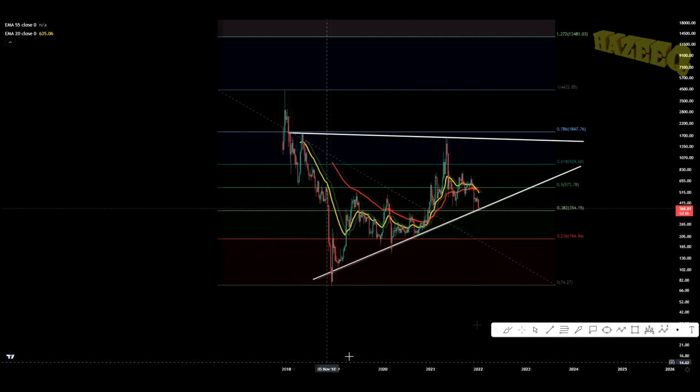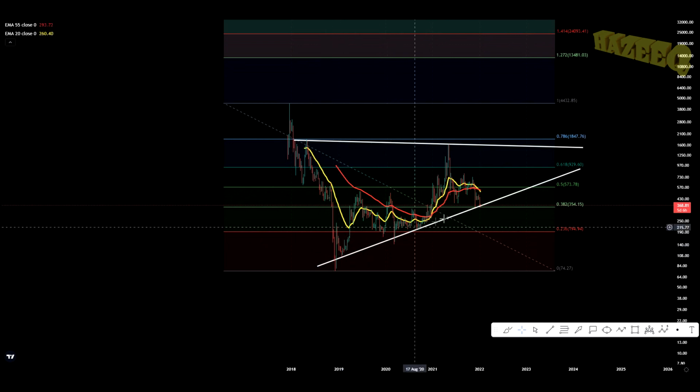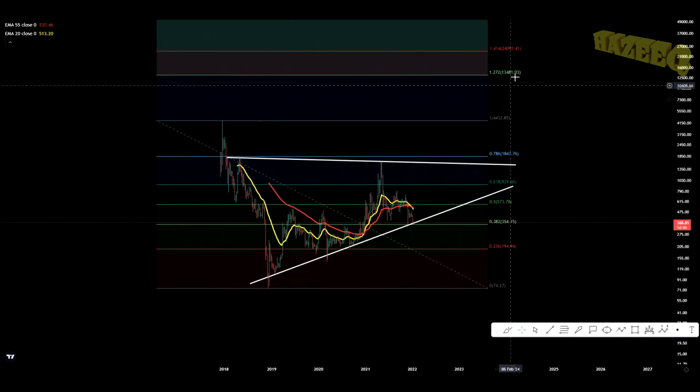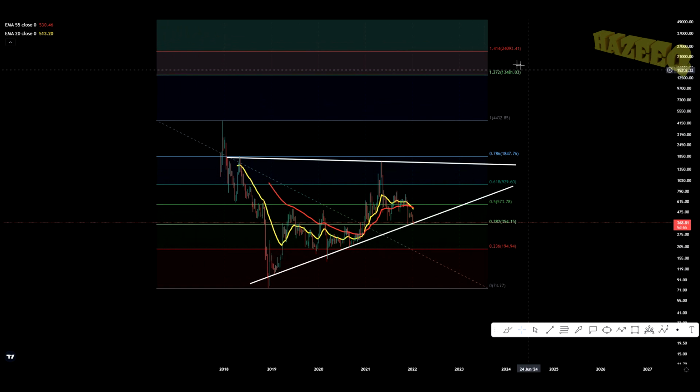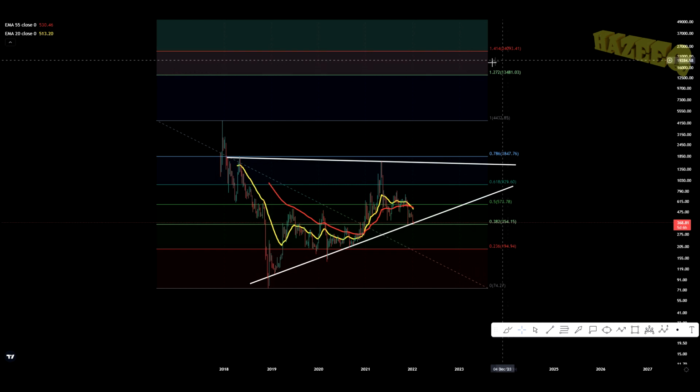Now, if you zoom out a little bit, right, you can see that we landed on the 0.382 over here multiple times. It was a nice resistance level. So basically, we're back testing a previous level of resistance, and we're testing the support of this symmetrical triangle. So you can see that we have our 1.272 here at $13,500 basically, right?